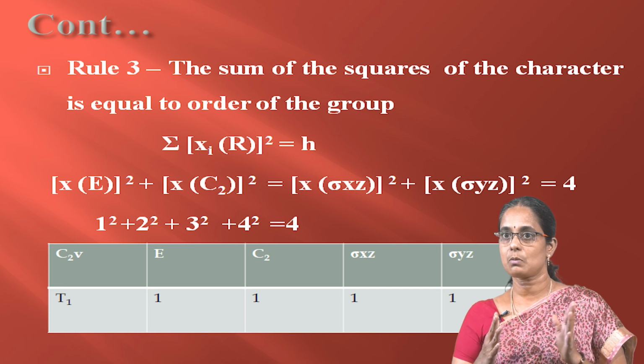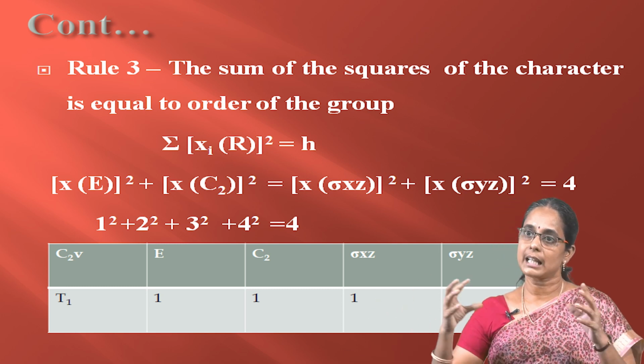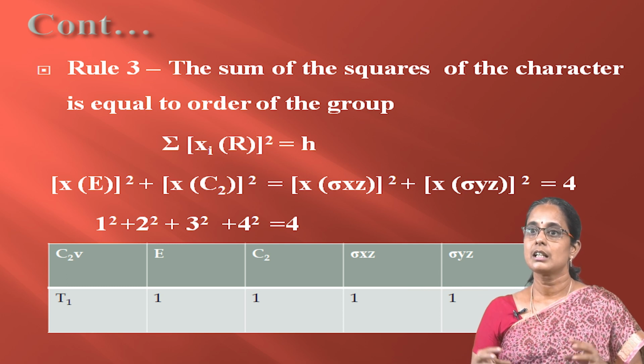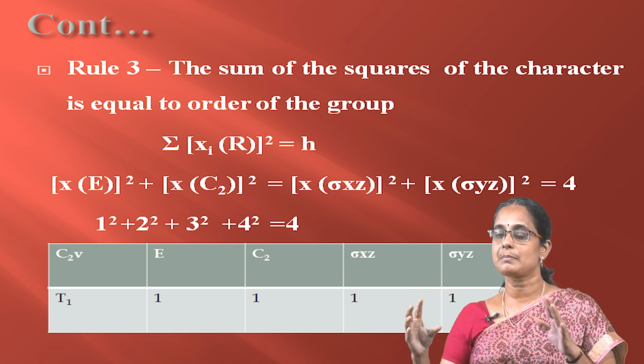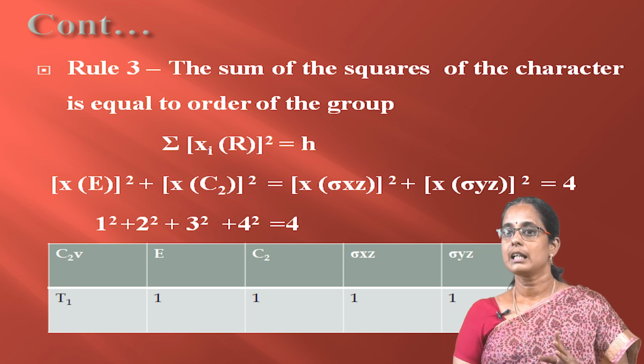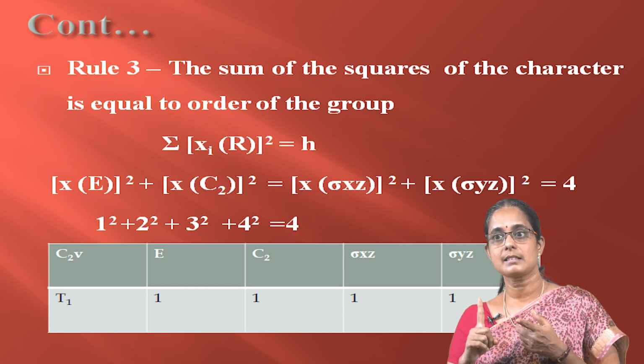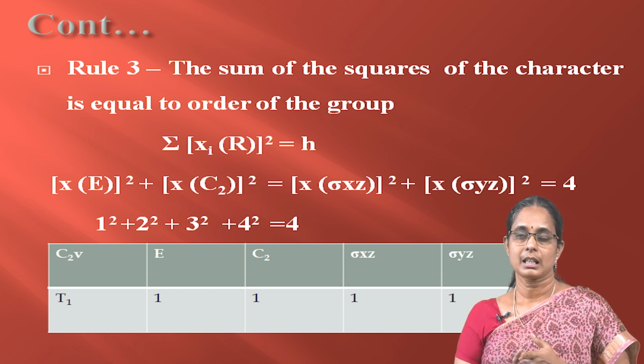That is 1 squared, 1 squared, 1 squared, 1 squared is equal to 4. So for the irreducible representation T1, all the characters must be equal to 1. So in T1, E is 1, C2 is 1, sigma xz is 1, sigma yz is 1.